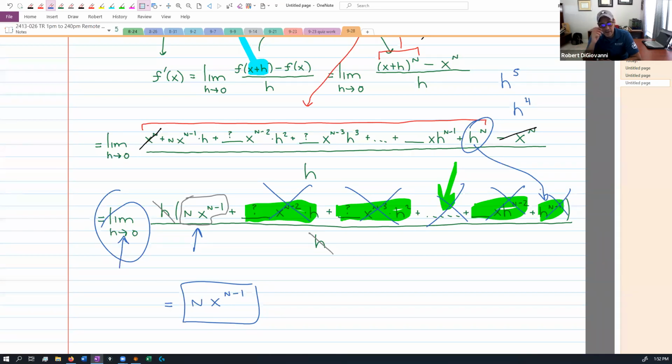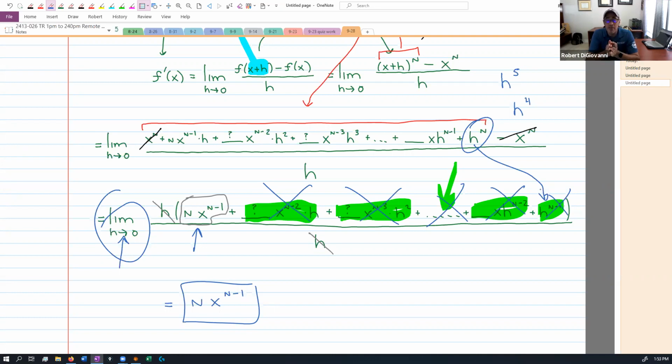But I have an option here as your mentor in calculus. I have an option of how many of these rules I want to prove to you. Do I want to prove every single one of them? This was kind of a tough rule.